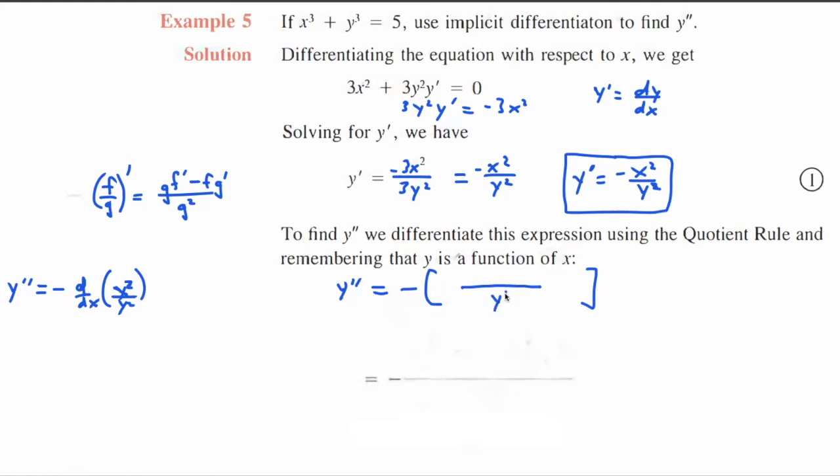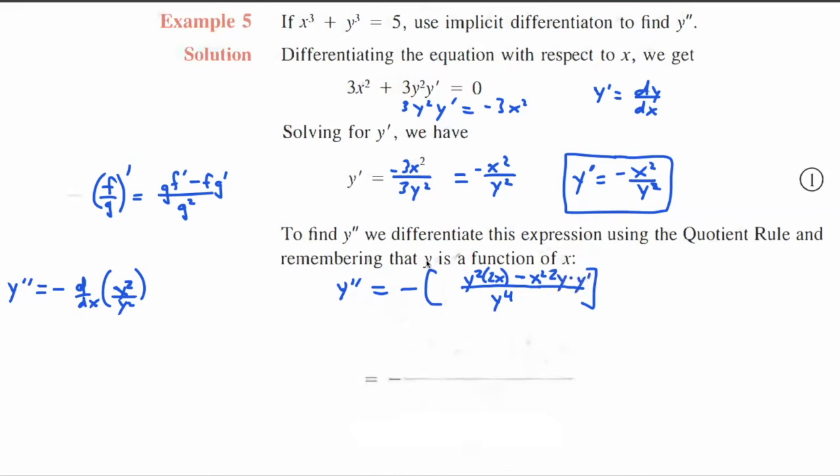So y squared squared is going to be y to the 4. Now we have the y squared, and the derivative of x squared is equal to 2x. And then we subtract, keeping the top the same, x squared, and then the derivative of the bottom. Remember, by chain rule, it's going to be 2y and then multiplied by y prime.